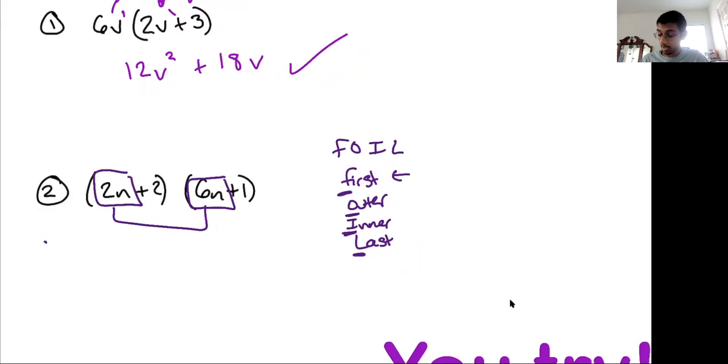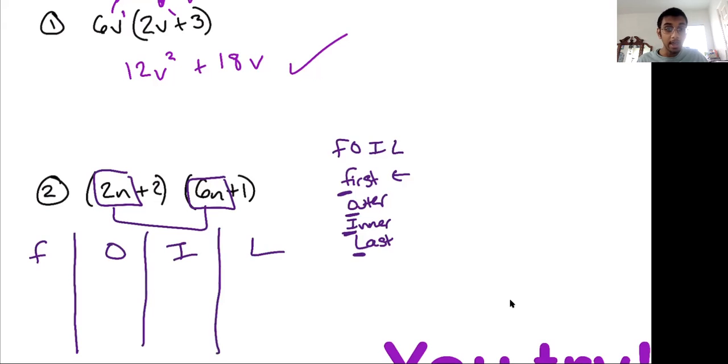Here I'm going to lay it out like this, and we can see each step. So let's begin with FOIL. The first step is 2n times 6n, because those are the first terms we have. We'd multiply those two things together, and with our exponent rules, we know that becomes 12n squared.